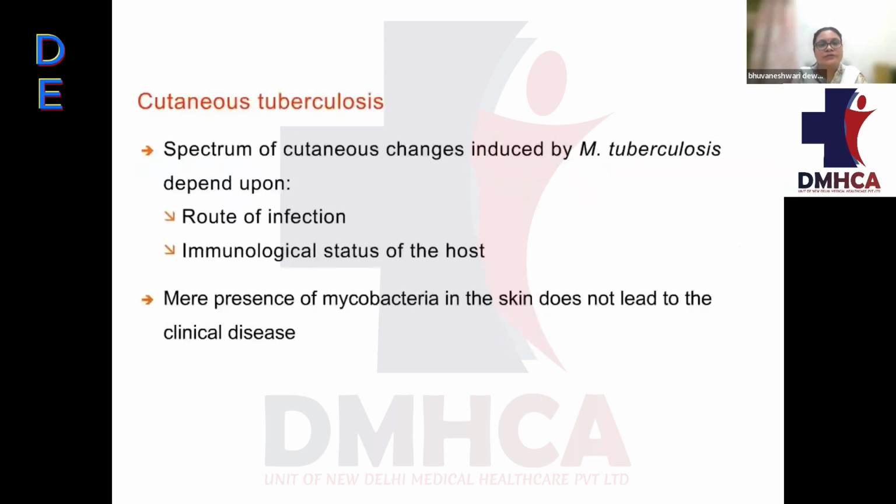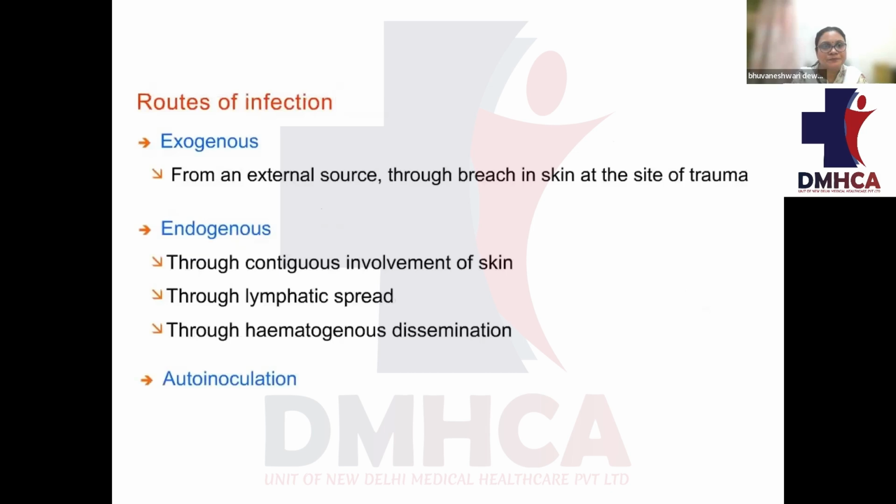In cutaneous tuberculosis, the spectrum of cutaneous changes induced by Mycobacterium tuberculosis depends on the route of infection and also on the immunological status of the host. Mere presence of mycobacteria in the skin does not lead to clinical disease. There should be an abrasion or breach in the continuity of the skin for it to spread inside the body.